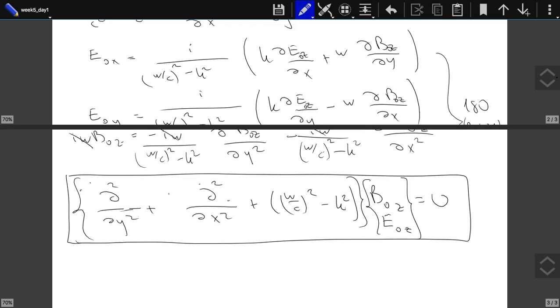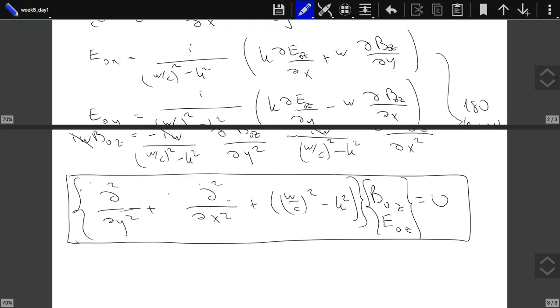So if k is equal to omega over c, then I can still have a finite E0x with 0 E0z and 0 B0z. Now, then the next question, can I have both E0z and B0z equal to 0? Both of them equal to 0.